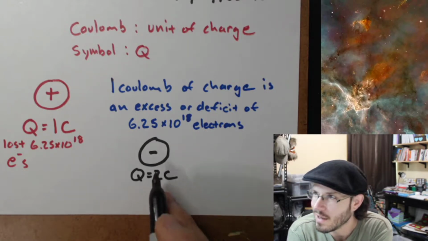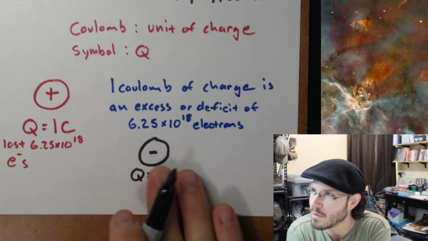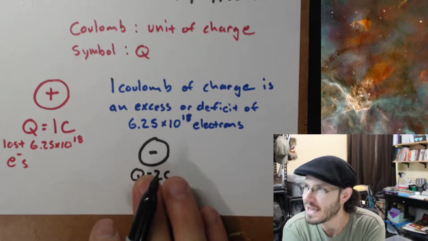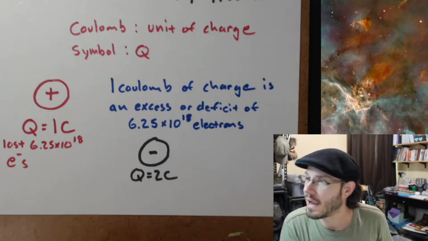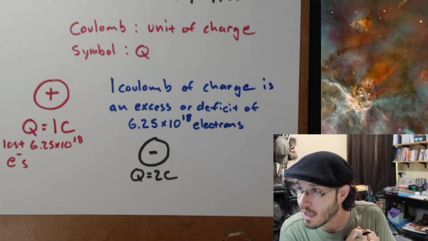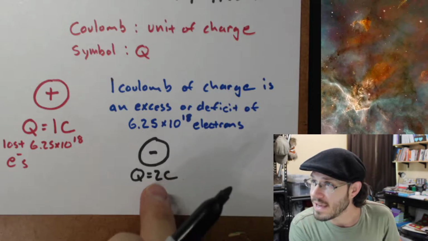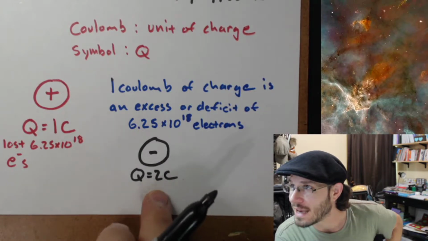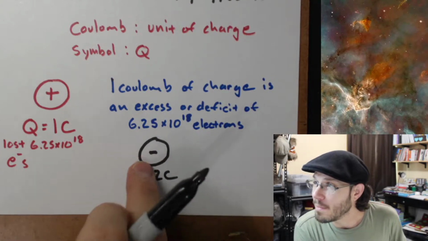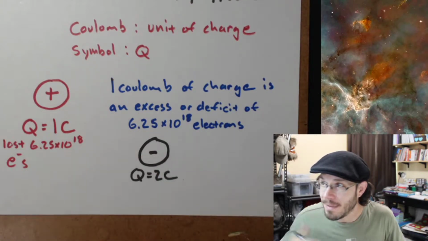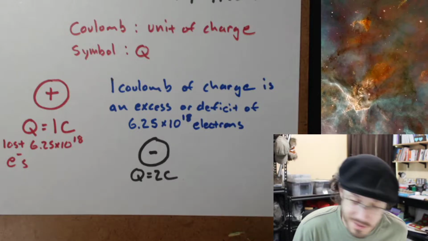So normally, before, when he was neutrally balanced, he had 1 proton for every electron. And they're balanced out, right? It was a neutrally charged body. But somewhere he became a 2C, a 2 Coulomb charged negative body. Well, he became negative because he somehow got a bunch of extra electrons.